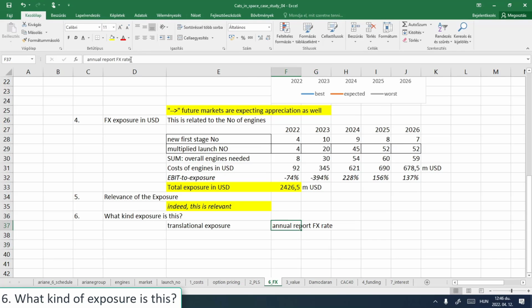So it's an accounting or reporting phenomenon. For us, translational exposure is not relevant, so it's not financial.